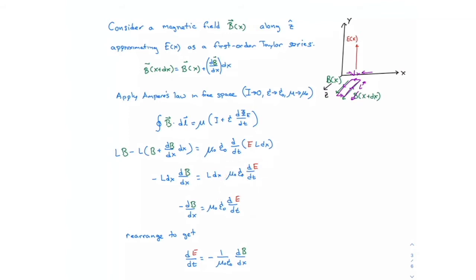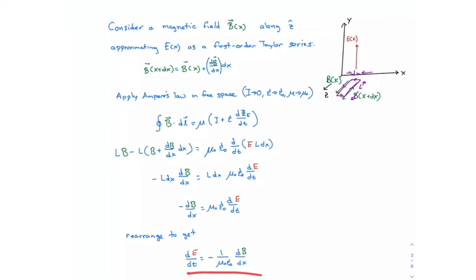So I have this relationship now between the rate at which the magnetic field is changing in space and the rate at which the electric field is changing in time. There's a couple of constants in that relationship that I didn't have in the previous analysis. And for simplicity later on, I'm going to rewrite this. I'm going to solve for dE/dt and just bring the mu epsilon to the denominator of the other side and write this like this.